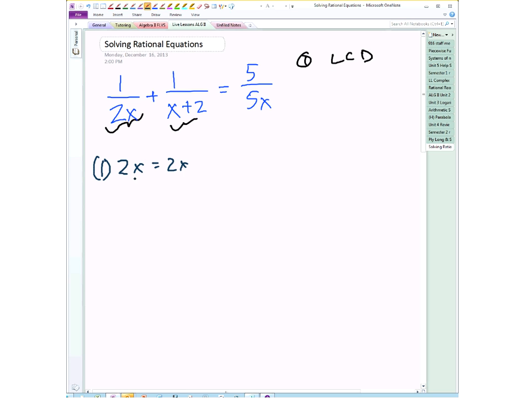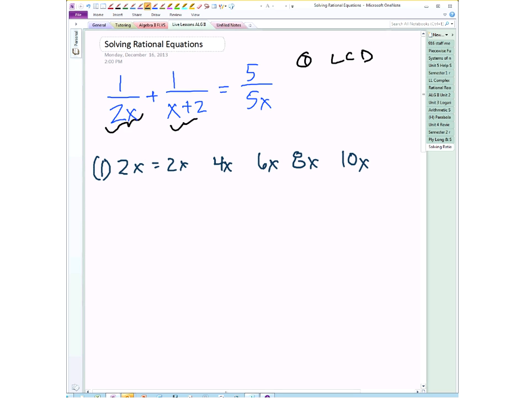Remember, it's 1 times the number, 2 times the number, 3 times the number, 4 times the number. Keep moving up and up like that. So we would have 2x, and then 2 times 2x, we get 4x. 3 times 2x, we get 6x. So these are going to be my multiples of 2x.